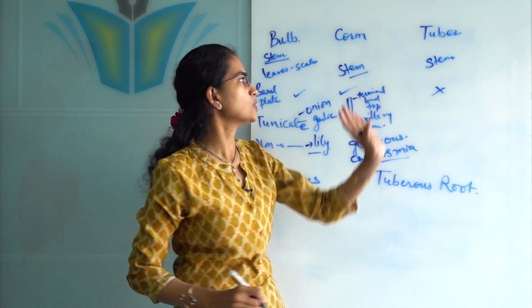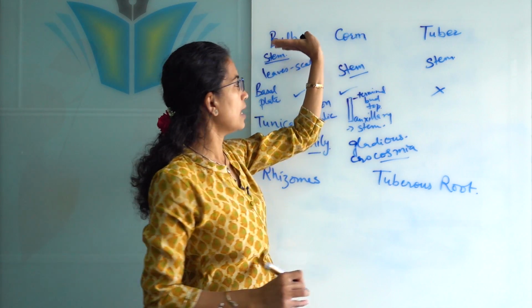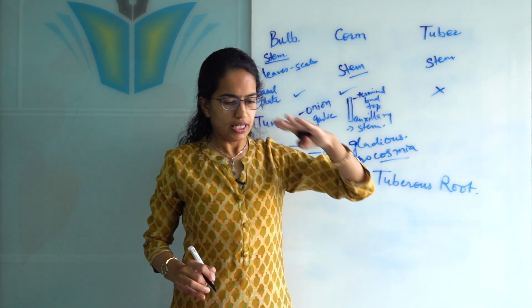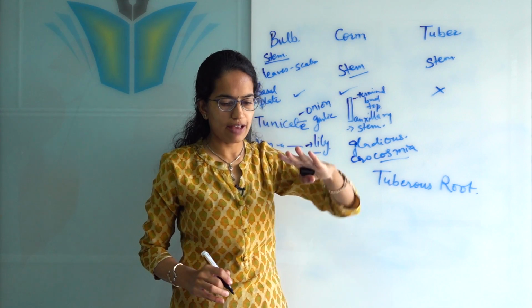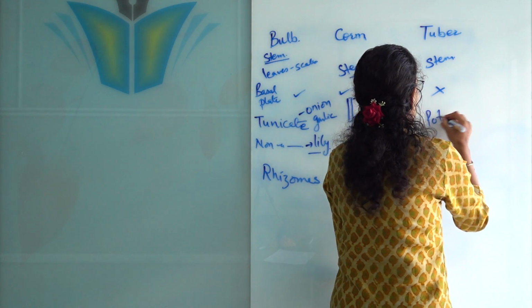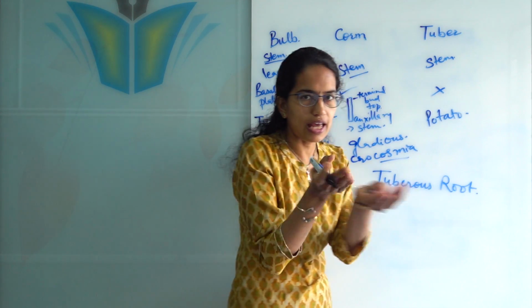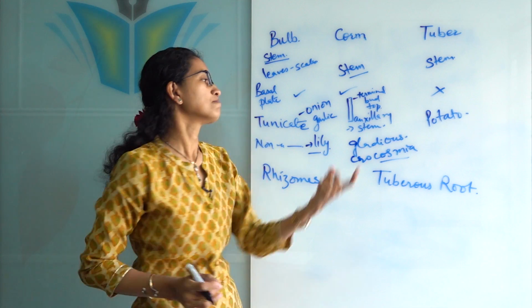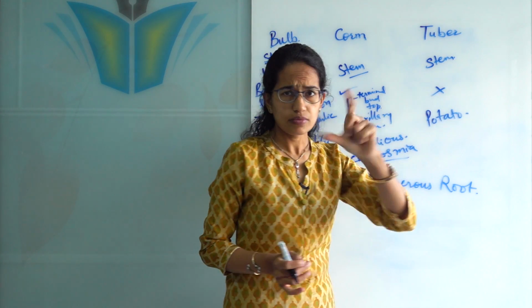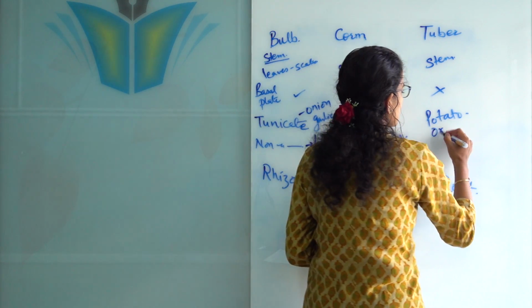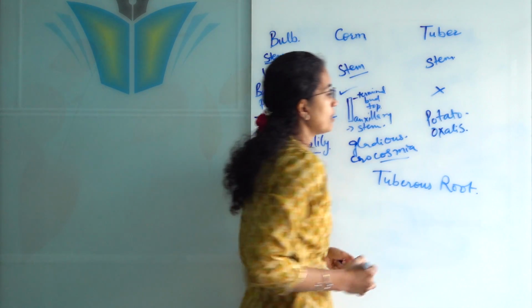The key difference between tuber, corm and bulb is that tuber does not have a basal plate. Since it does not have a basal plate, what is a good example? We can identify potato. Onion does have a basal plate, however potato does not have that basal plate. Similarly, we have oxalis as another example.